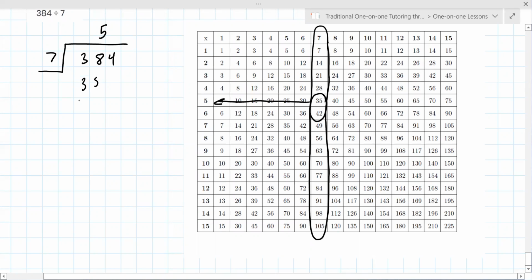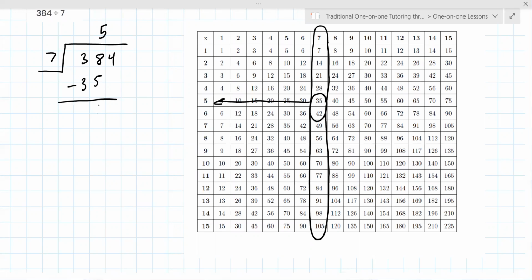Okay, so when you subtract 38 minus 35 is? Nope. You can count if you need to. You can go from 35 to 38. 3, bring down the 4.